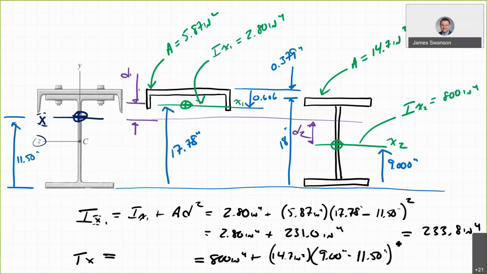And that's squared. And then this number works out to be, let's see, it's 800 here, and then here it's 91.88. And then this number works out to be 891.9 inches to the fourth. Now we can add those two numbers together, and we get 1126 inches to the fourth.